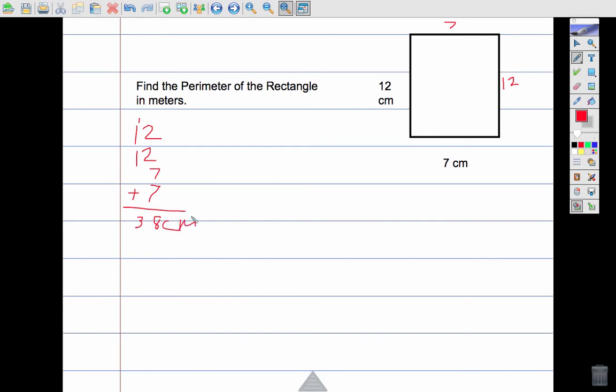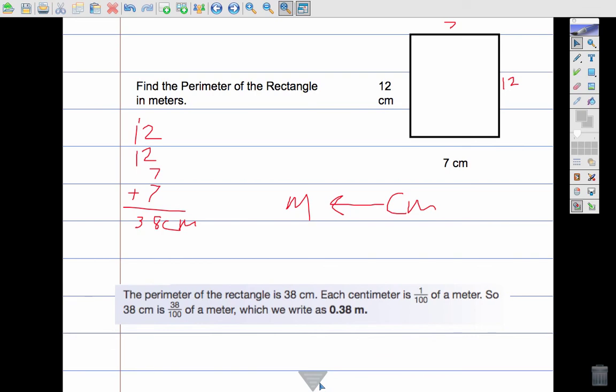38 centimeters. And then I have to think of my chart. And for some of you, just getting out your chart is going to be the easiest thing for you. So I'm going from centimeters to meters. And when I do that, each centimeter is 1/100th of a meter.